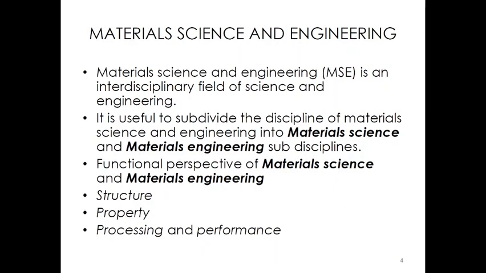Material science and engineering is an interdisciplinary field of science and engineering. Various compositions and structures of materials are of primary importance to control material properties through synthesis and processing. It is useful to subdivide the discipline of material science and engineering into material science and materials engineering subdisciplines. Strictly speaking, material science involves investigating the relationships that exist between the structure and properties of materials.